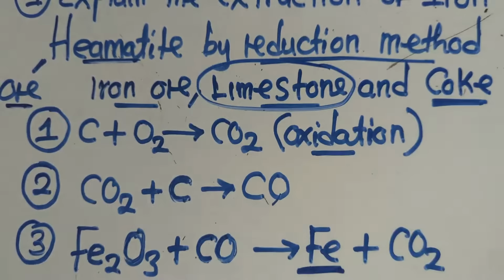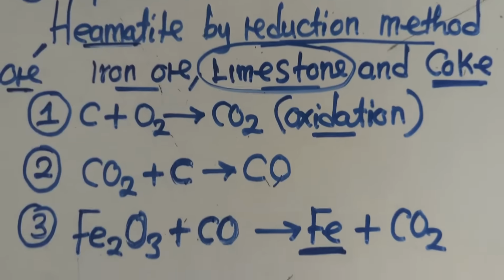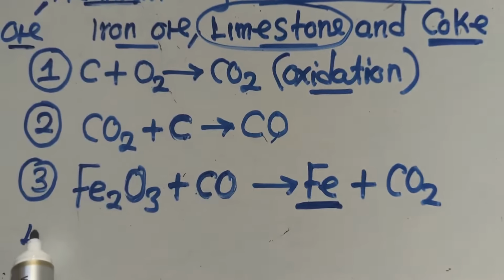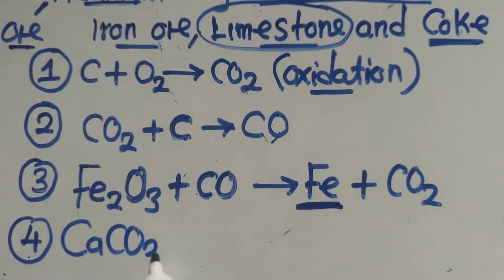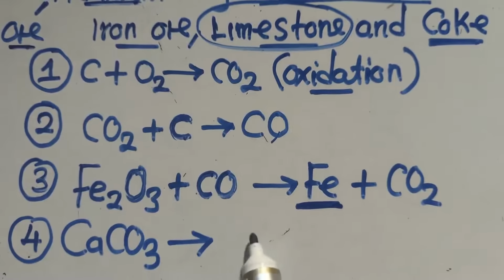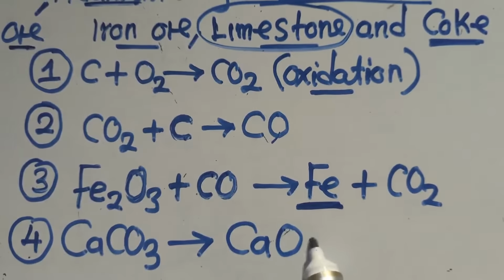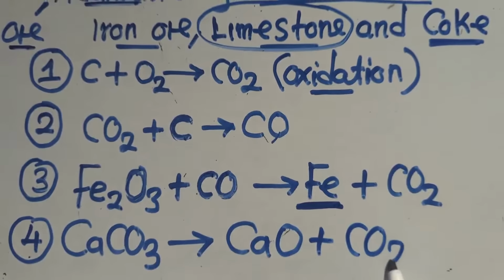So the limestone then is going to decompose to form calcium oxide and carbon dioxide. This is the fourth reaction. Calcium carbonate is going to decompose to form calcium oxide plus carbon dioxide. This is what is going to happen.